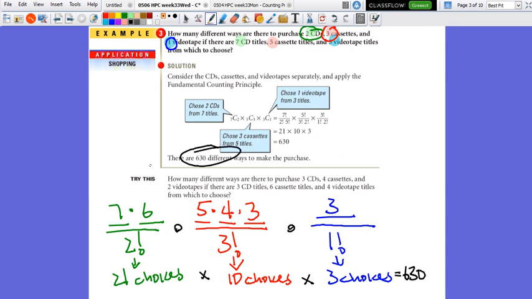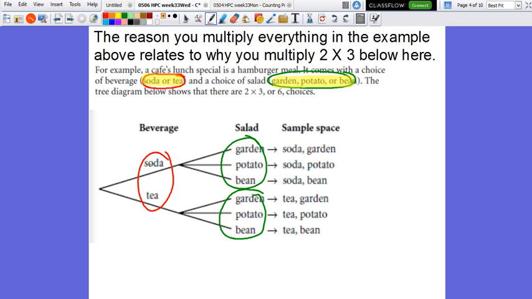Now, the reason you multiplied is kind of like the example we did before. Remember we did this tree diagram? You end up having 6 ways you can order with these choices here.